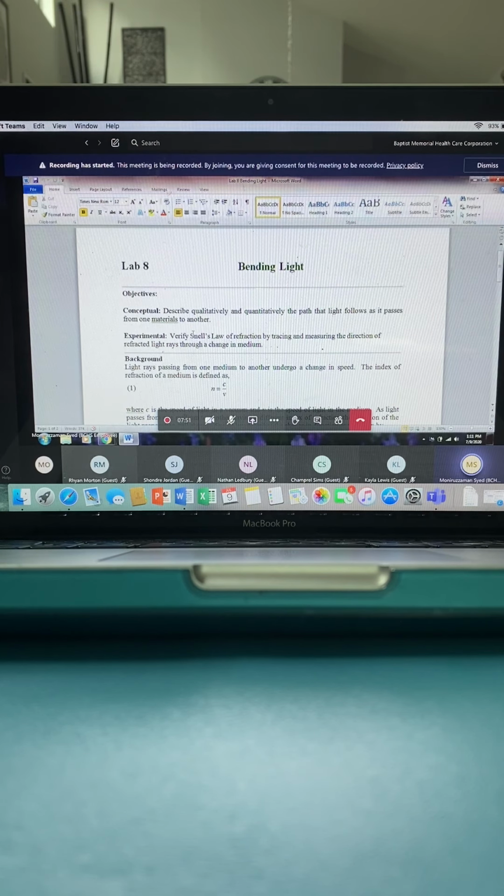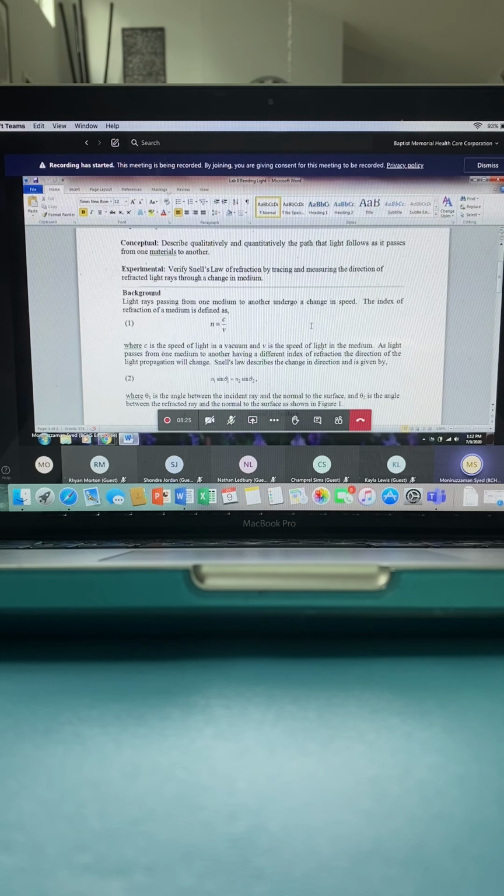Snell's law says the sine of the angle of incidence divided by the sine of the angle of refraction is equal to the index of refraction of the other medium over the index of refraction of the first medium. We are using Snell's law to calculate the index of refraction of any medium. That's the whole point of the experimental part. Now let's talk about the background a little bit.